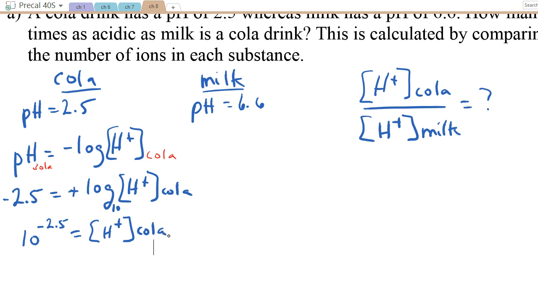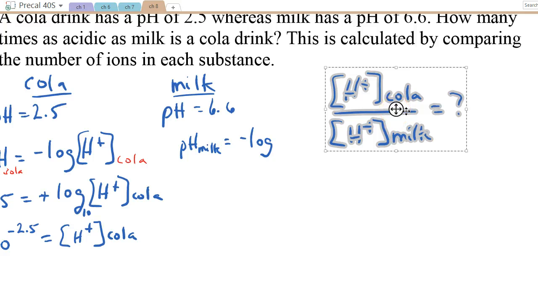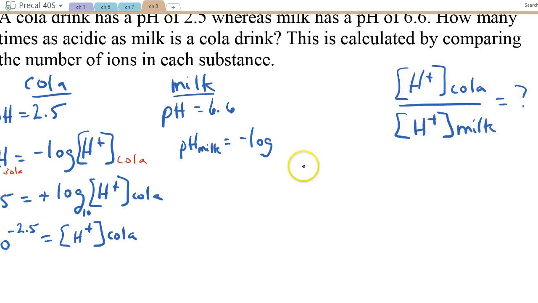Now looking over at milk, milk has a pH of 6.6, so it's going to go very similarly. We're going to say the pH of milk is going to be equal to the negative log. We're running out of room here a little bit. Let's see if I can try something fancy here. Just move this over a little bit. There, it kind of worked. Negative log of my hydrogen ion concentration of milk.